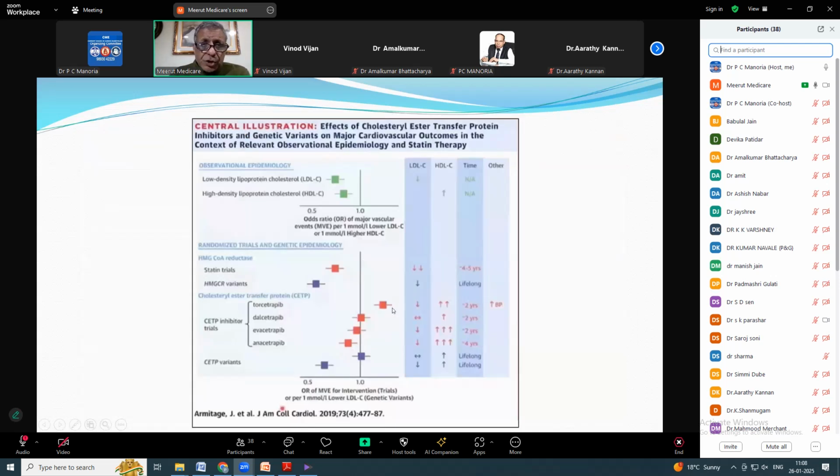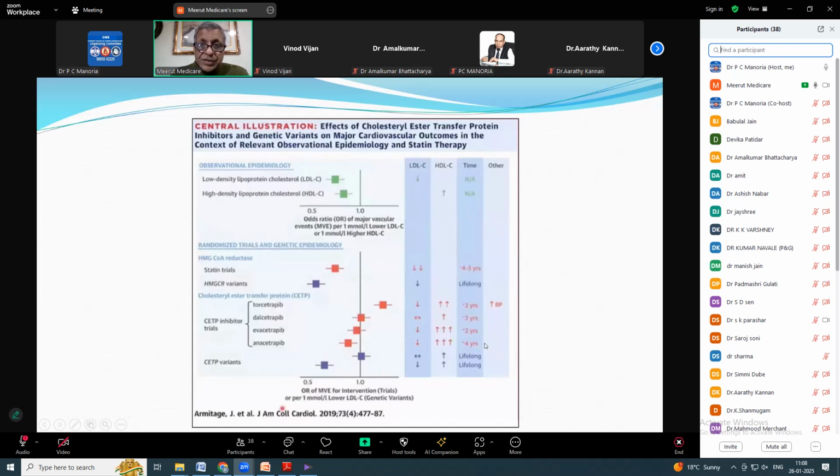This is once again talking simple genetics, that the initial CETP trials all failed because they had no effect on LDL-C. Number two, torcetrapib increased the BP through off-target actions and was not found to be effective.